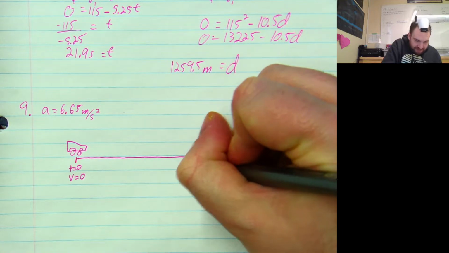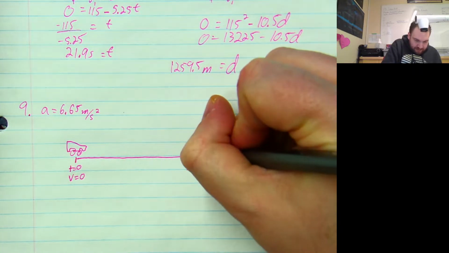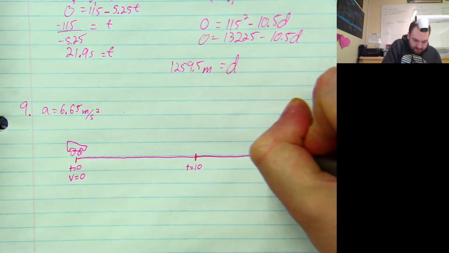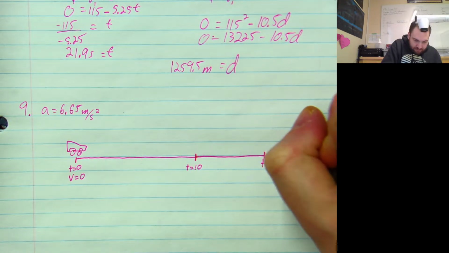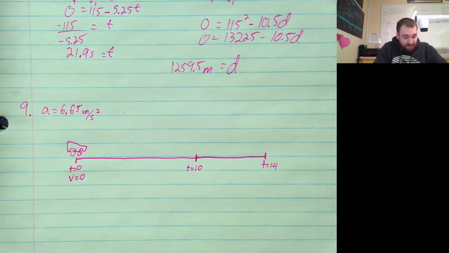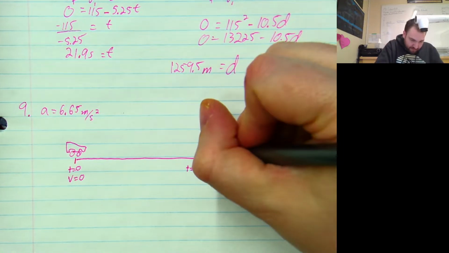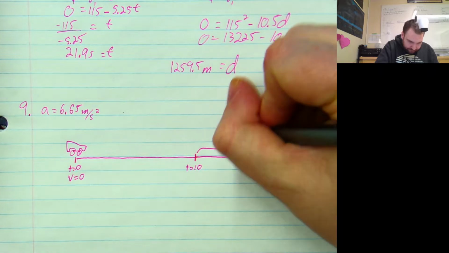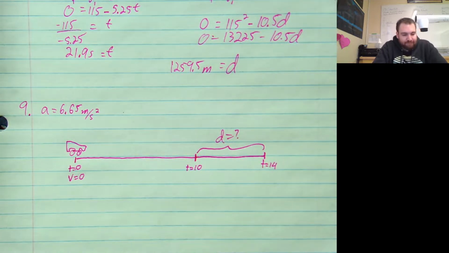At time equals 10 seconds, we are going to start measuring the distance. This is what we want to figure out. So the acceleration is constant. That whole path, it's 6.65 meters per second squared.